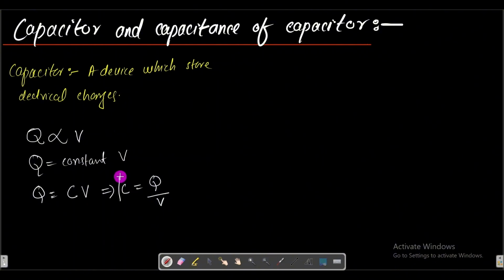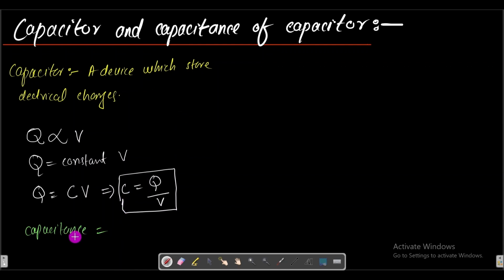So this is actually the capacitance of the capacitor. From this relation I can define the capacitance of the capacitor as the magnitude of the charges on the plates of the capacitor divided by the potential difference between the plates.